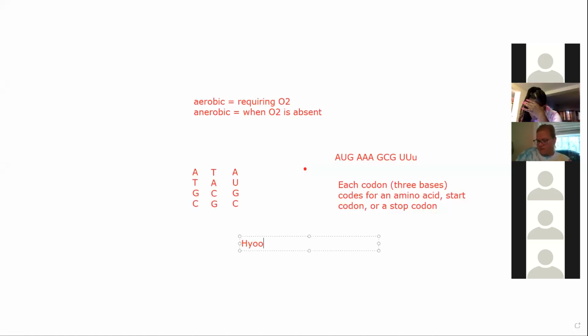Hypoxia is reduced oxygen levels. If you remember, we talked about how the mitochondria are involved in aerobic respiration. So when there's reduced oxygen, there's reduced cellular respiration.